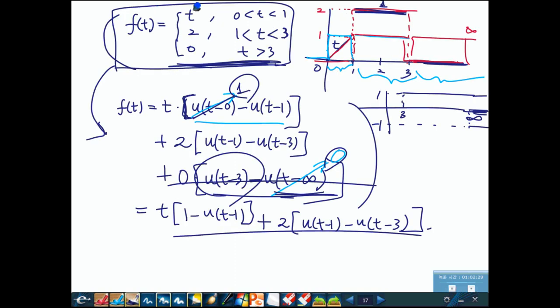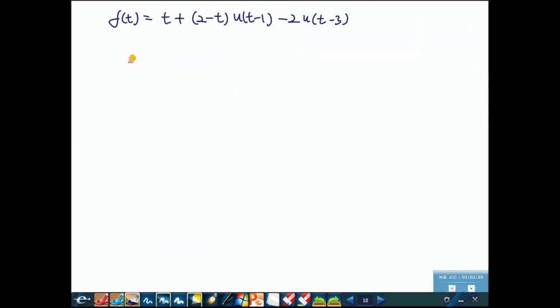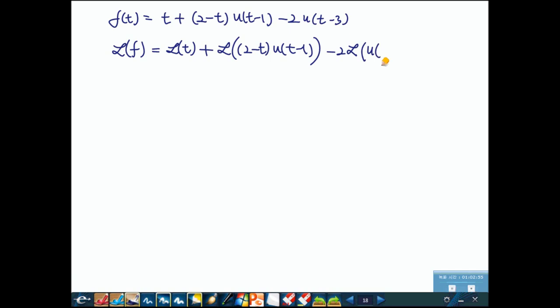If we are able to write this function in a good mathematical form, we can transfer that to the Laplace domain, right? By doing this. So L of f is L of t plus L of (2 minus t) u of t minus 1 minus 2 L of u of t minus 3.